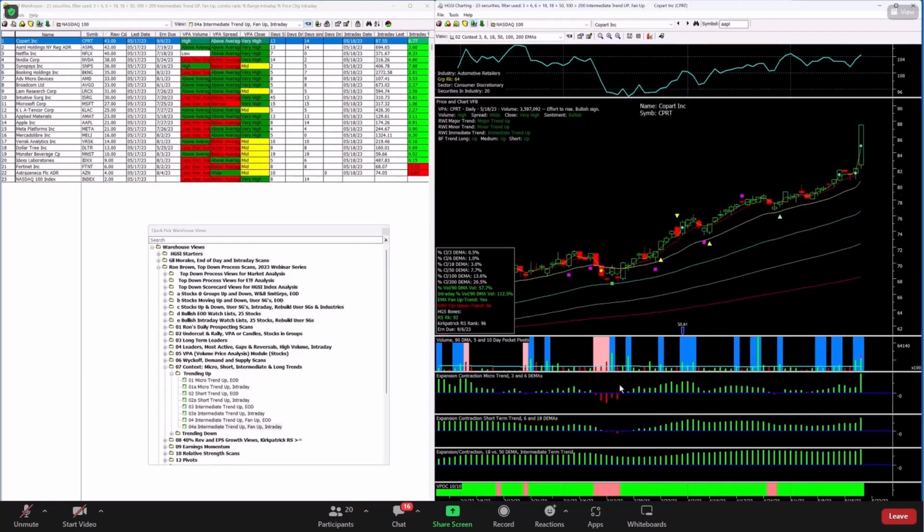Just to point something out here, on the pullback, the 3 went below the 6, the 6 went below the 18. Here's the crossover right here. It started moving up. There was a 1 or 2 day pullback right here. You can see it up here, and then another chance to get into this stock. It didn't go below the 18 with a wide fan. Good opportunity to go in, and now it's too late.